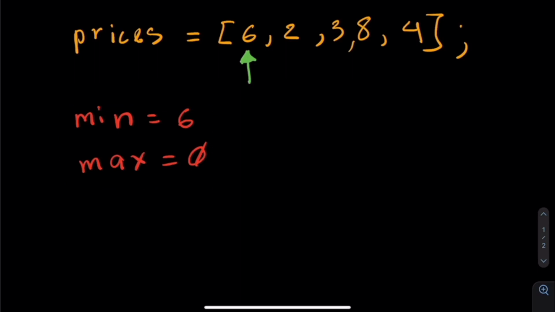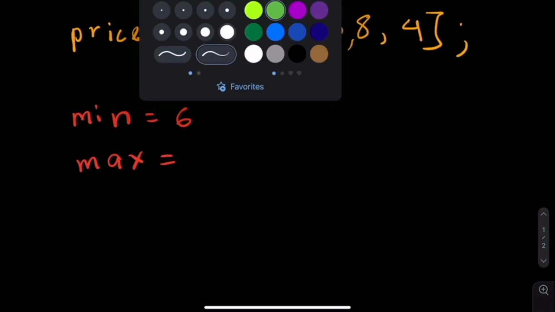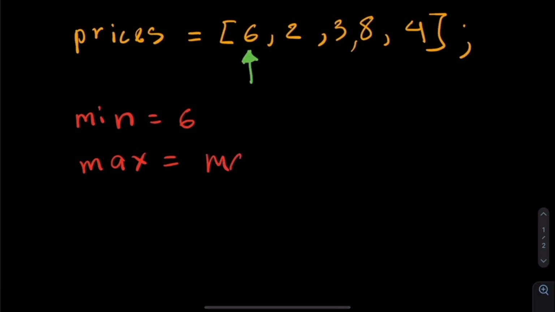So I'm going to say, okay, is 6 less than the minimum? No, it's exactly the same. So then we default to our next condition. If it's not less than the minimum, then we check our maximum. What is larger: the previous value of max, which is 0, or the current value, which is 6, minus our minimum, which also happens to be 6?